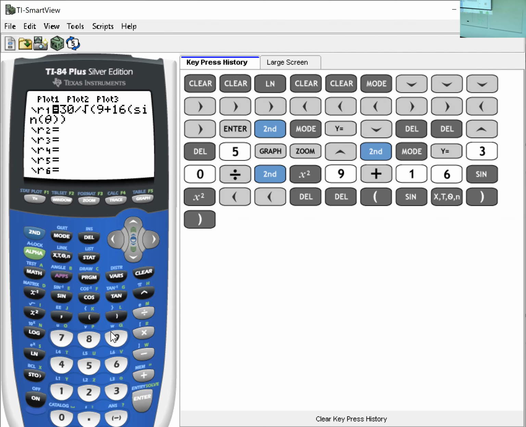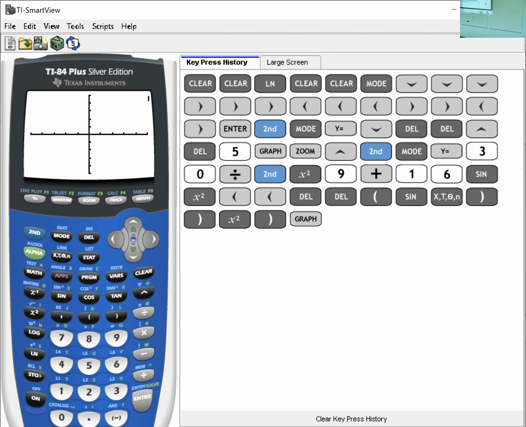We've got to square it. What is missing? Parentheses. That would close the entire term that is inside the square root.